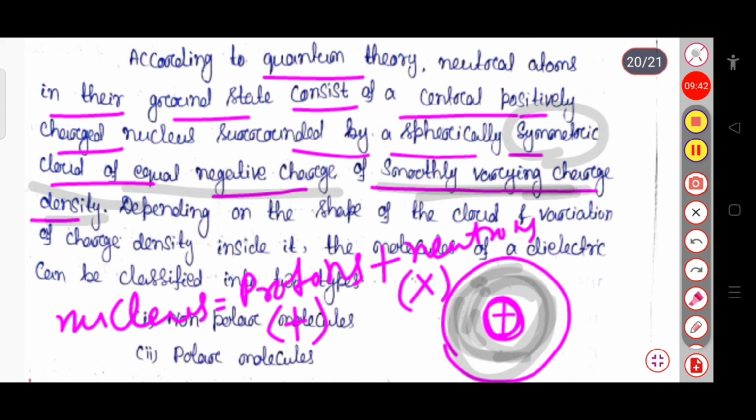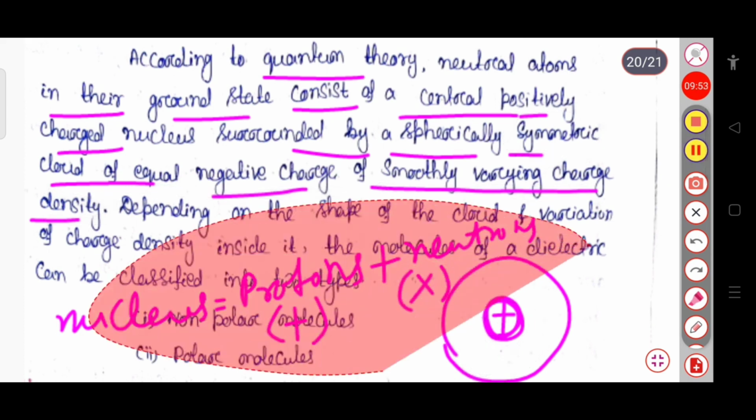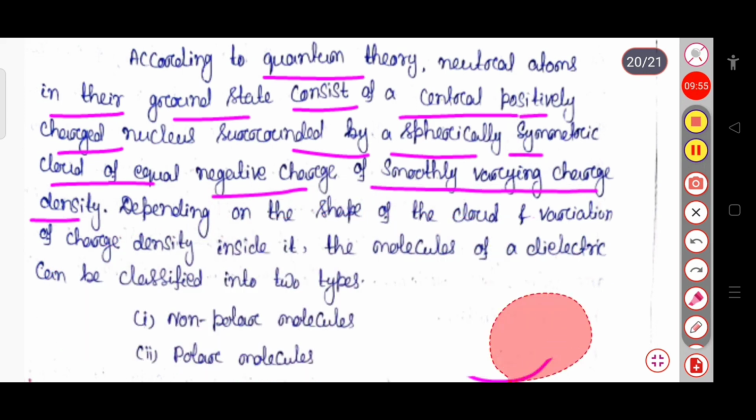That is, at every point you can find the electrons, symmetrical to the nucleus. So the electrons surrounding the nucleus are basically a cloud of electrons, and it has a symmetric variation of the charge density.